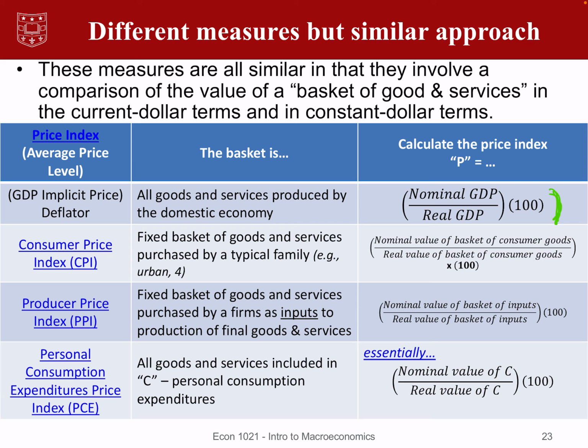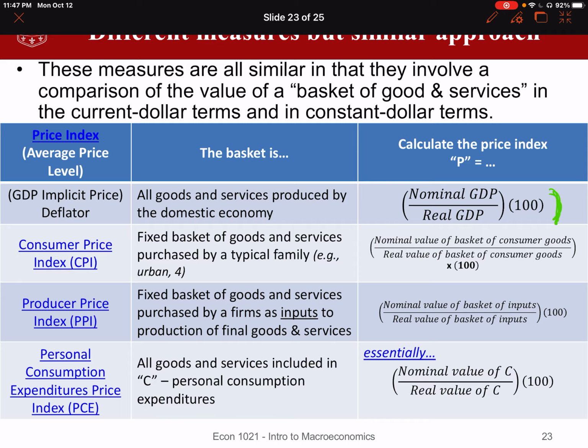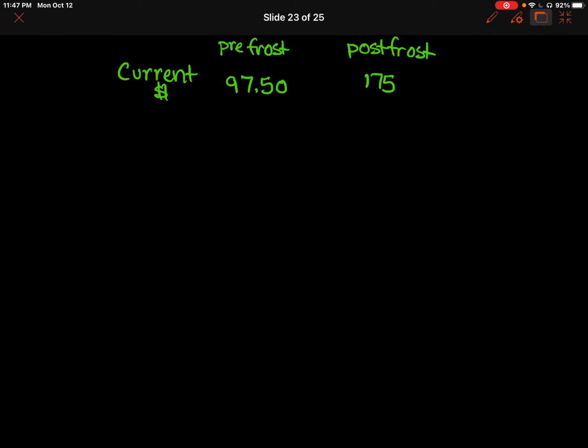And so, for instance, if you go back to the example that we had for the consumer price index, we had the current dollar, so this is pre-frost, post-frost. The current dollar spending amount was 97.50. Post-frost was 175.